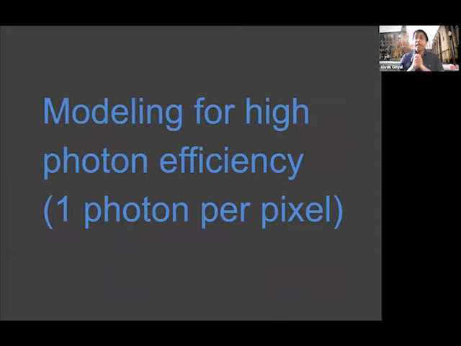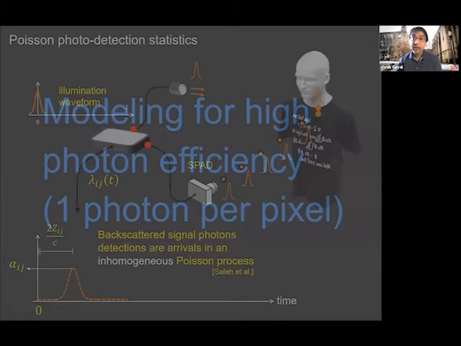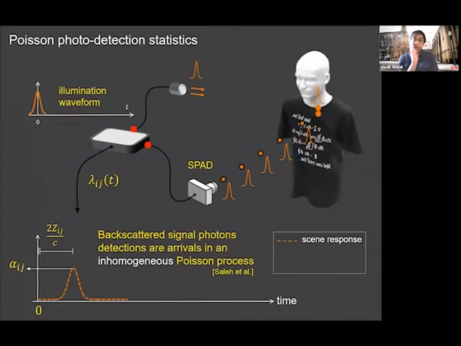Okay, so like I said, one of my points here is that it's not unreasonable to get by with fewer photon detections than are needed to form a reasonable histogram. And we're going to take it all the way to the extreme of just 1 photon per pixel. Time-correlated detection puts the illumination and detection waveforms on a common time axis, except we don't really have waveforms anymore.